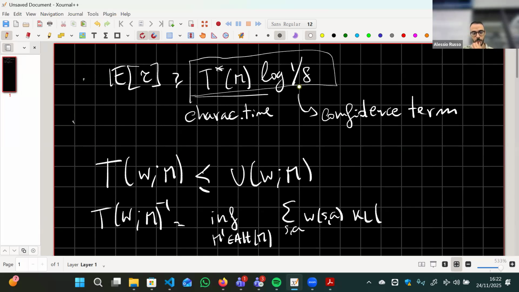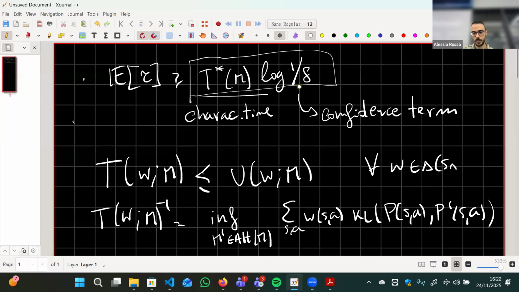So T inverse computed in W is simply the inner minimization problem without the optimization in W. In the last result, we showed this, where T(W) in a certain MDP M is defined in this way.